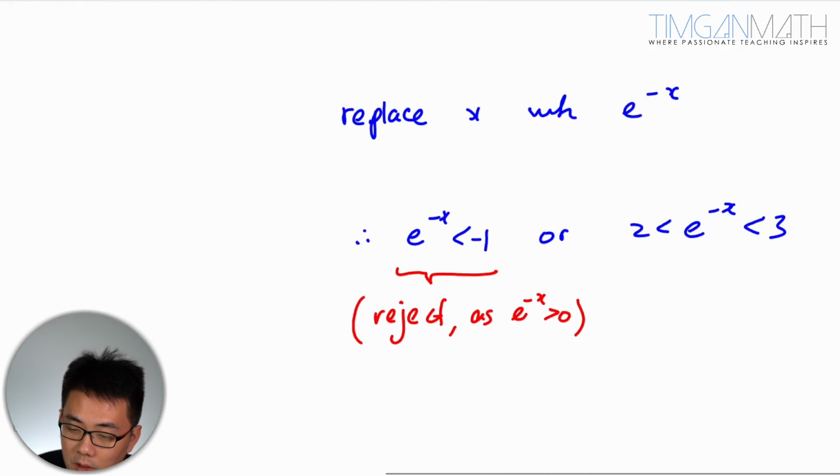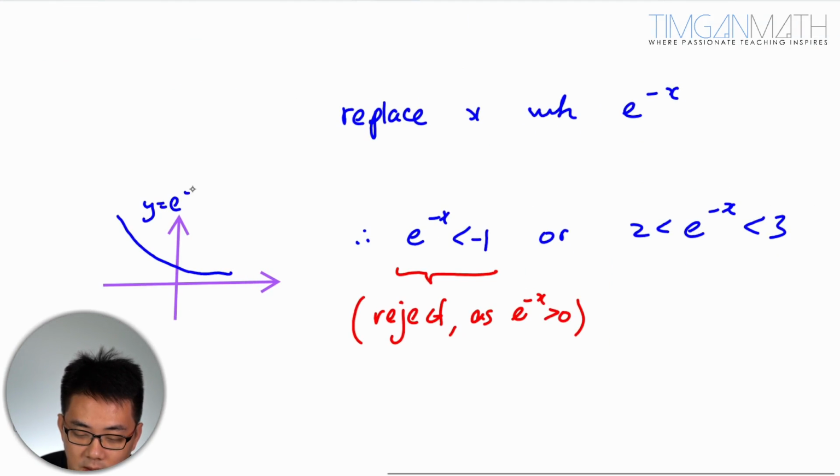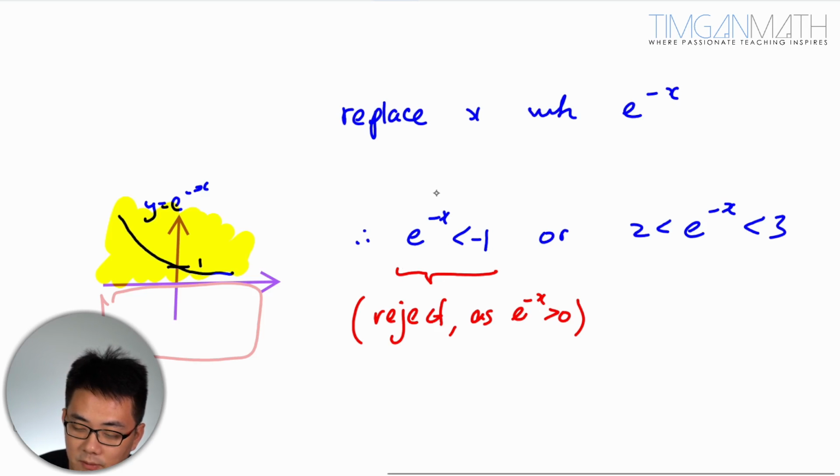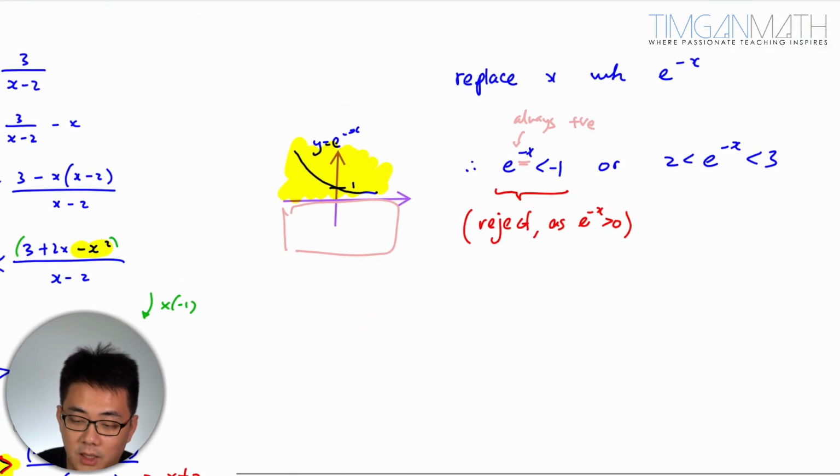If you're not too sure, you can just draw the curve out. You realize that y equals e to the power minus x is always positive. Because this curve is always above the x-axis, it doesn't fall in this negative region here. Don't get fooled by this negative. This is always positive, so it cannot be negative 1.